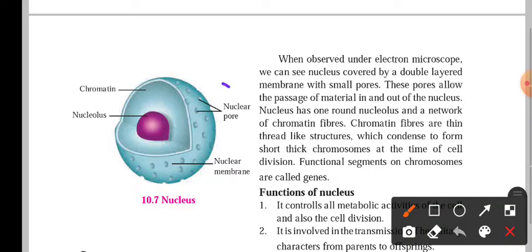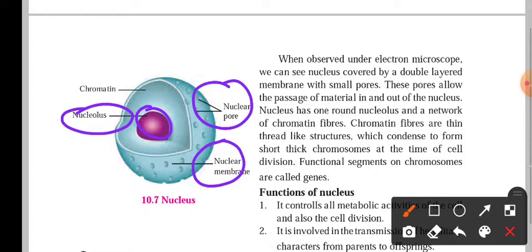If you see here, there are nuclear pores on the surface of the nucleus. Pores are small holes through which exchange of substances is possible. Then the nuclear membrane, then the nucleolus, the center of the nucleus, and then the chromatin, the filling between the nucleolus and the nuclear membrane.